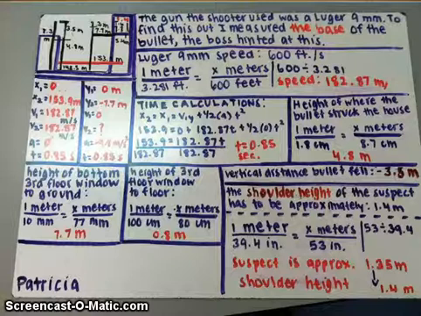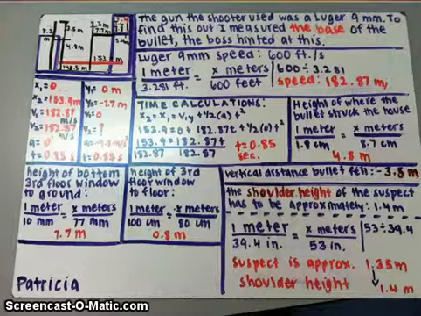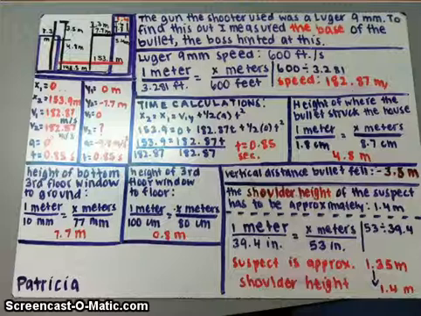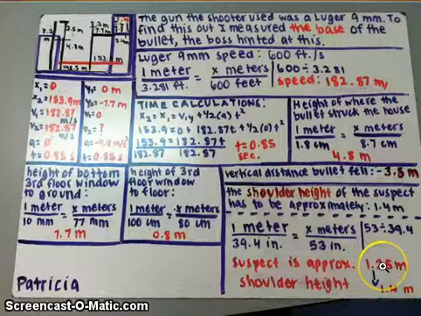Then to find out which suspect was the killer, I went back to the CSI mugshots and converted the height of each suspect from feet and inches to total inches, and then converted it to meters using a proportion.